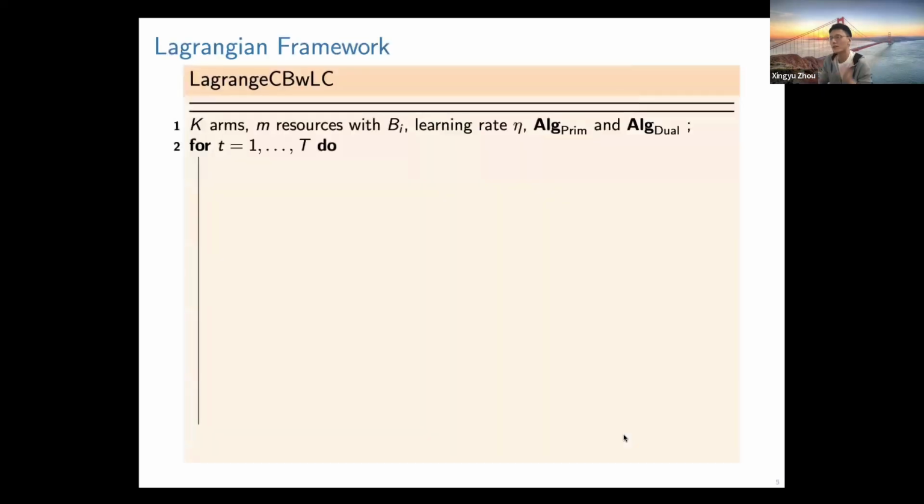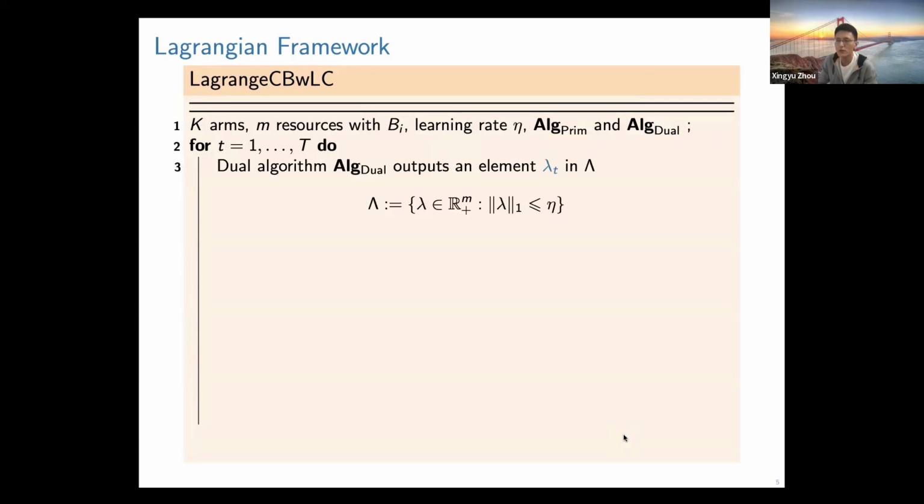Okay, so based on this intuition, in the conference version, the authors propose this Lagrangian framework. You can see we have two algorithms for the primal player and the dual player, right? At each round, the dual player plays first, and the decision for the dual player is the Lagrangian multiplier lambda, right?